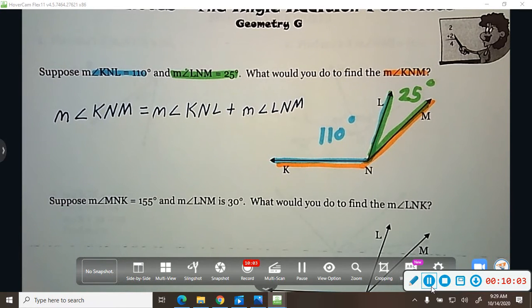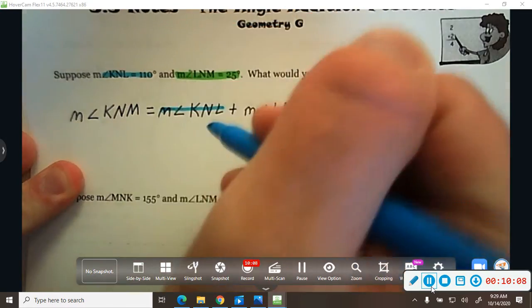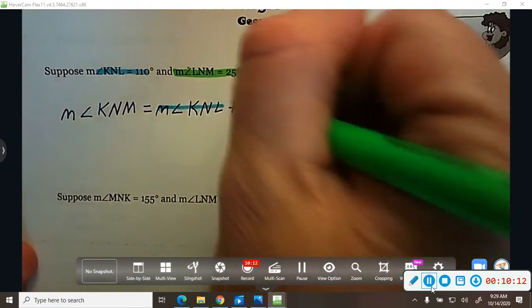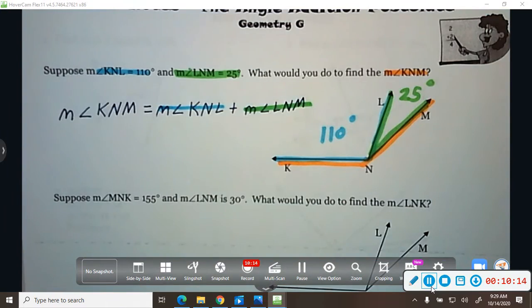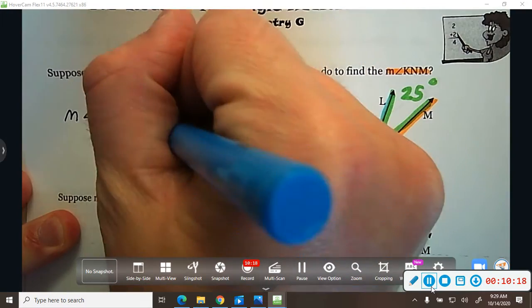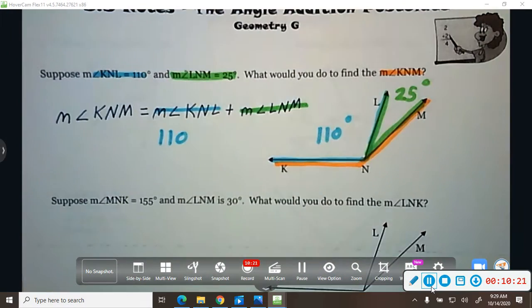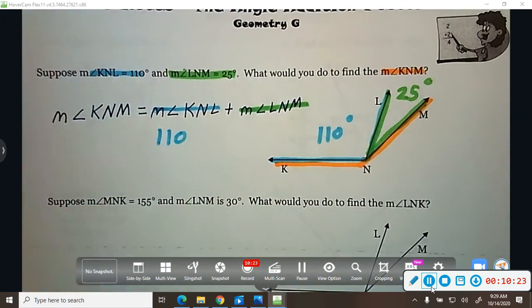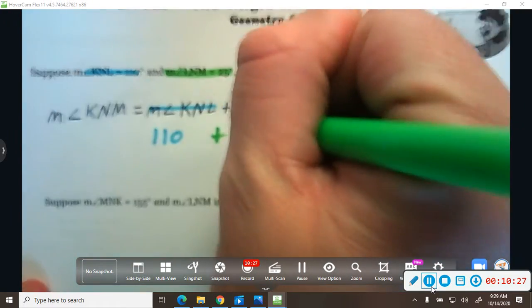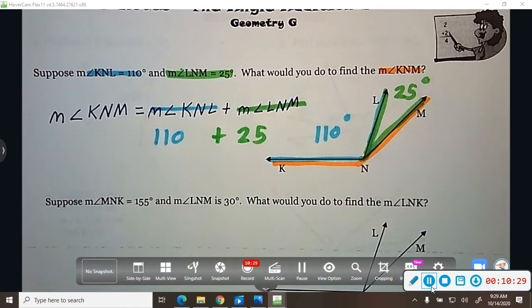So K and L, and I'll color code this, that would be the blue. LNM is the green. So really all we need to do is take blue plus green, 110 plus 25, which is 135.